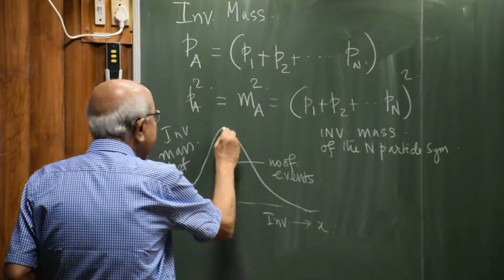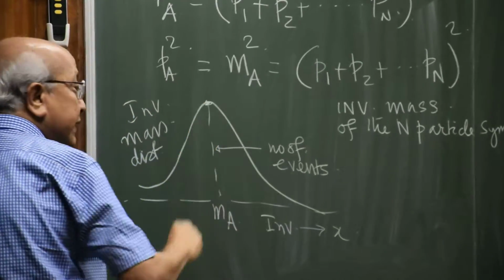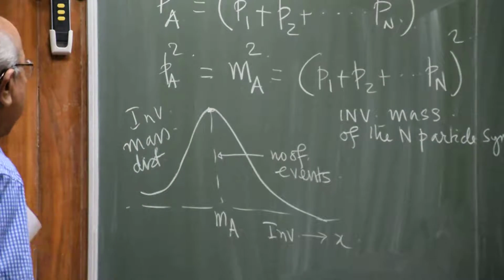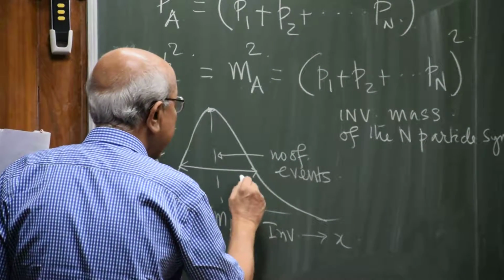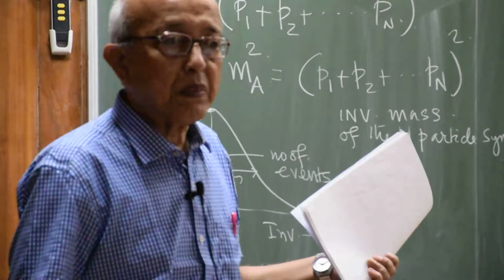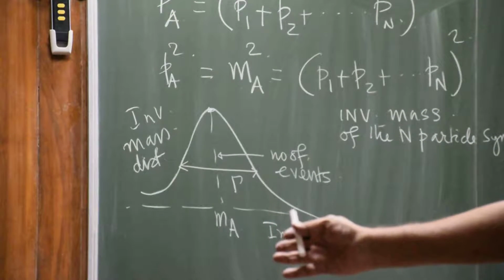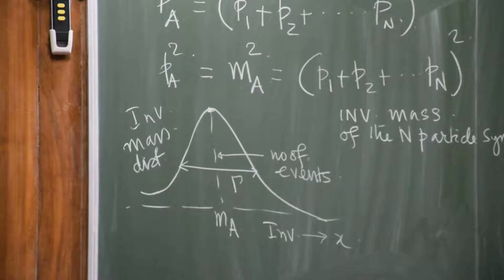What we will see in actual practice is that this distribution has a peak at the mass, but it also comes with a width. There is a definition of width, but let me not go into the big definition. It is obvious from common sense that we have to make some measurement, like full width at half maximum or some such definition.